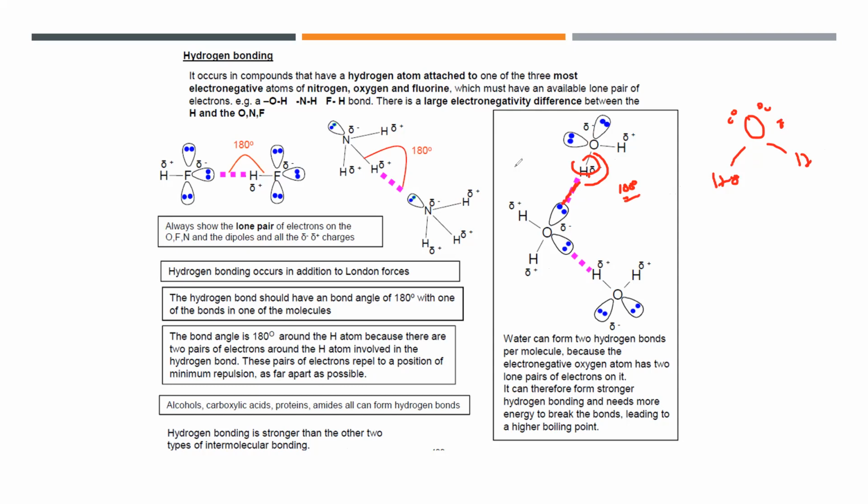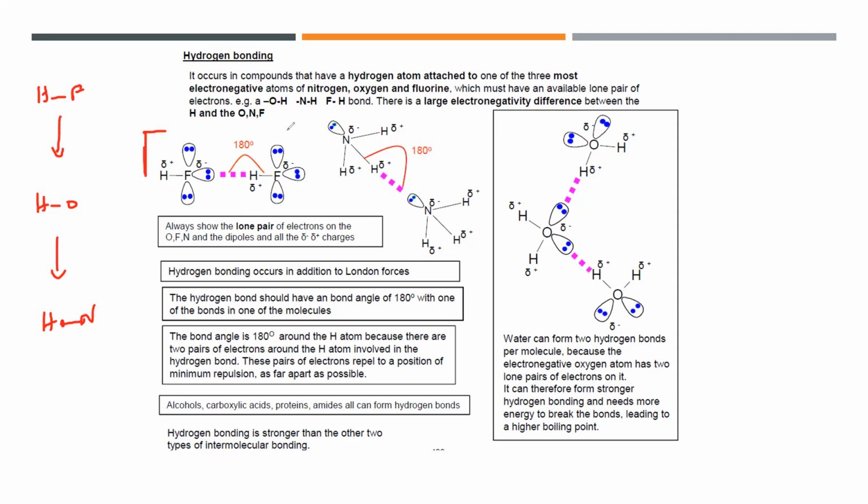When we compare the strength of the hydrogen bond, HF is stronger than H-O, and H-O is stronger than H-N. But when we compare the boiling point of HF with the boiling point of water, we'll find the boiling point of water is higher than that of HF.